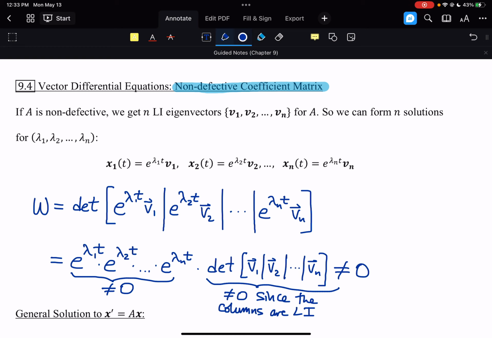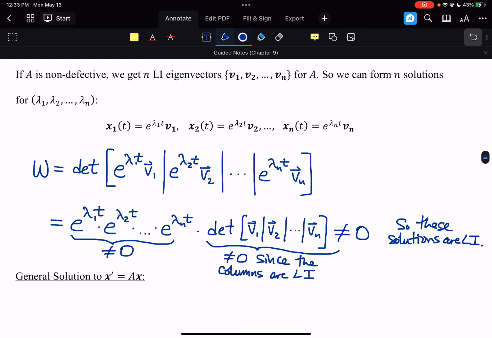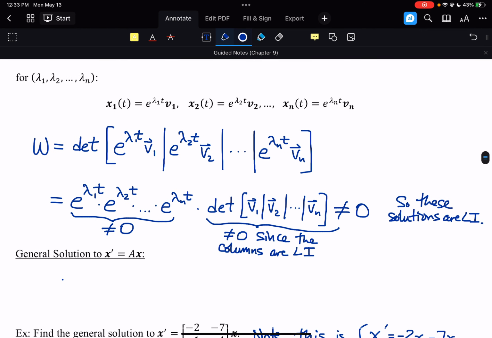So what that allows us to conclude is that these solutions are LI. So we do have a set, x1 through xn, of LI solutions. So our general solution is going to be some linear combination of all of these individual solutions.